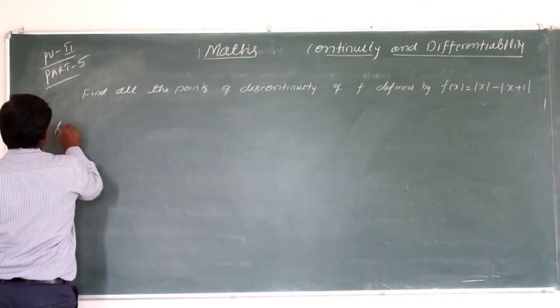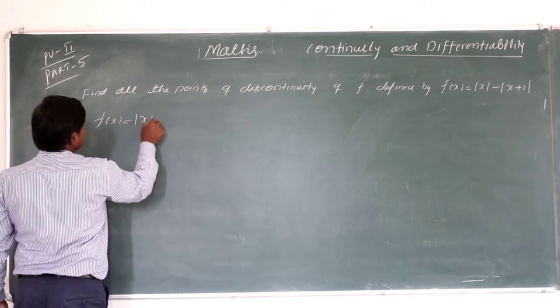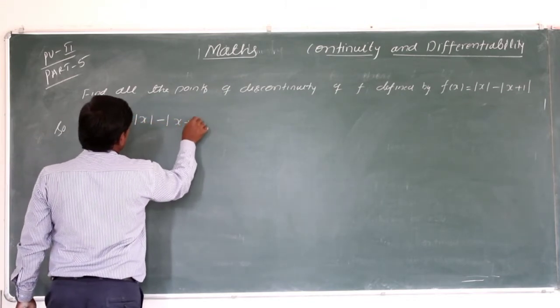Solution. So f of x is equal to mod x minus mod x plus 1.